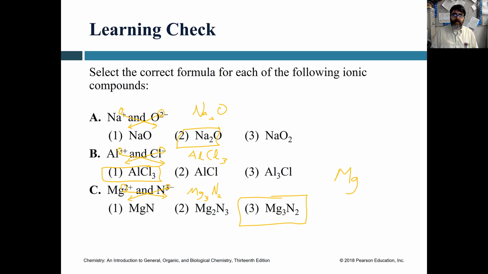Because what we're really saying with this one is that magnesium has a 2+ and we have 3 of them. 2+ and we have 3 of them gives me 6+. And then the nitride ion has a 3- and we have 2 of them. 3- and there's 2 of them gives me 6-. 6+ and 6- gives me 0.